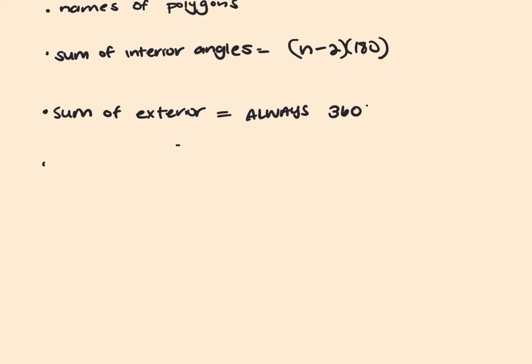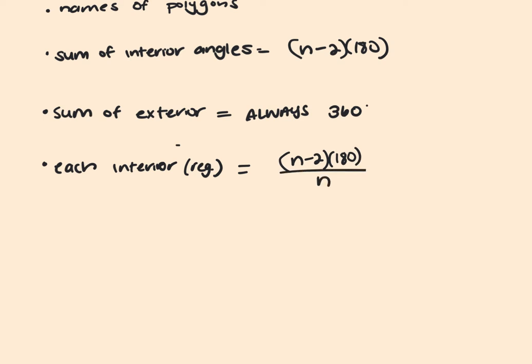You need to know each interior, and this would have to be of a regular polygon, which means all the angles and all the sides are congruent. This would be n minus 2 times 180 over n. You'd need to know each exterior, again of a regular polygon, which is 360 divided by the number of sides.